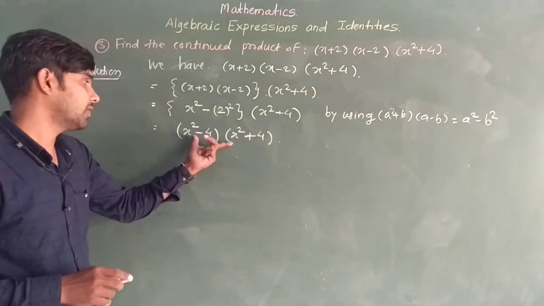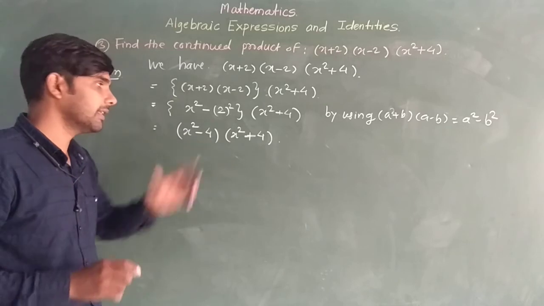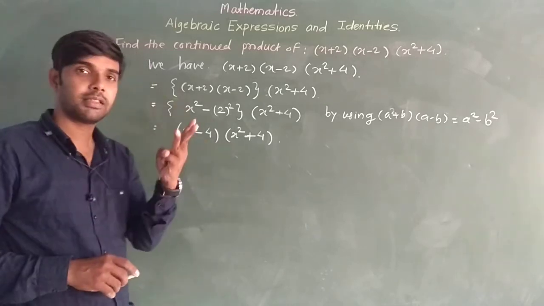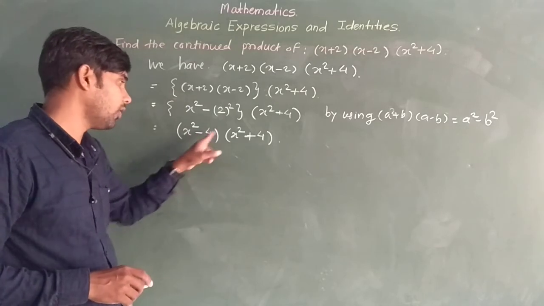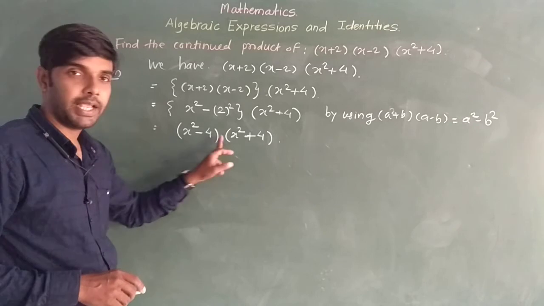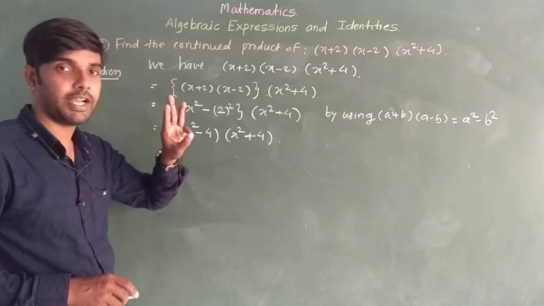So again we observe or compare this product of two terms. Again this matches identity number three, x square minus 4, x square plus 4, that is a plus b, a minus b, which is our third identity.